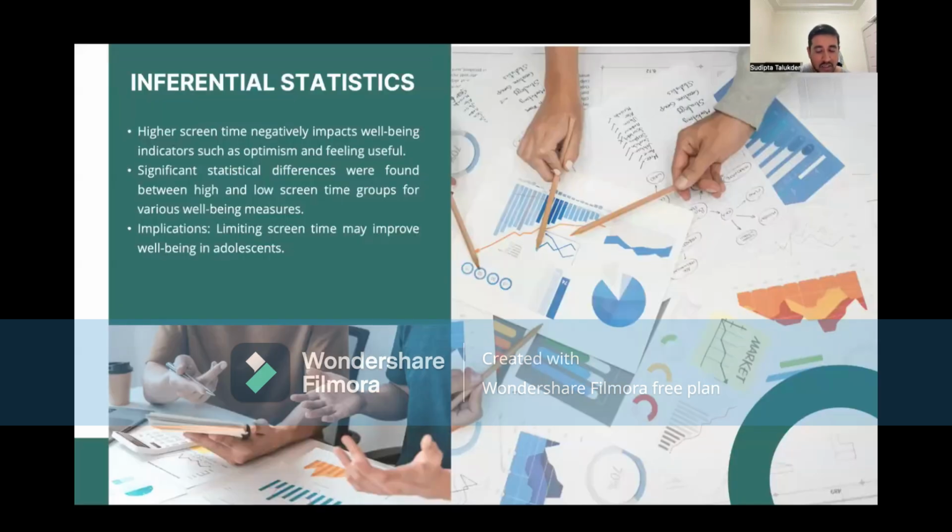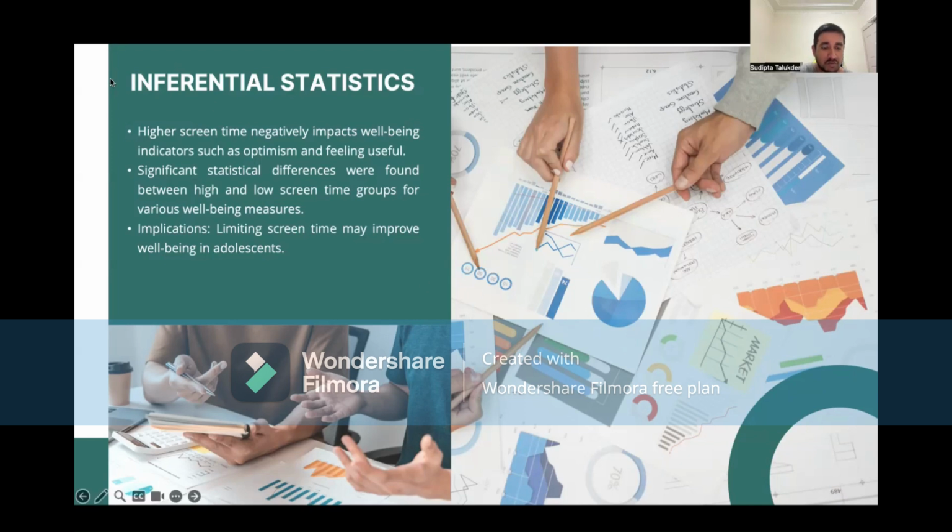Our analysis shows that higher screen time is associated with lower well-being scores. The most significant differences were found in optimism and feeling useful, where the low screen time groups consistently reported higher scores. This has important implications for adolescents, as reducing screen time could lead to better mental health outcomes.